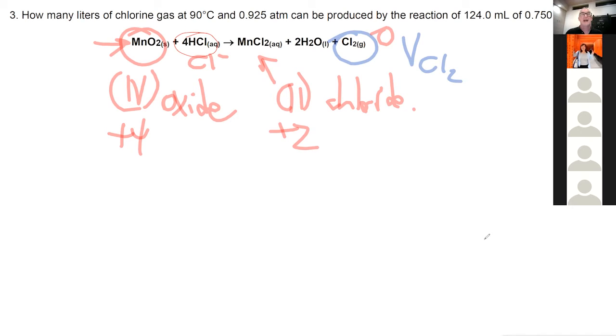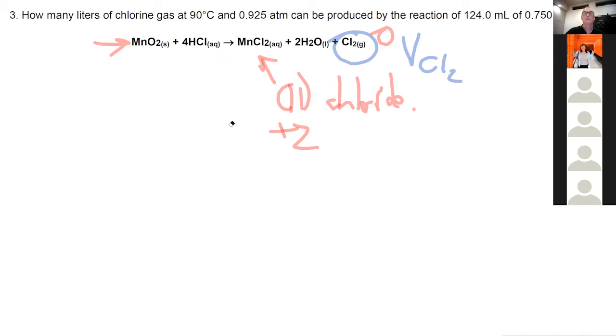So chloride ion gave its electrons to manganese. So the chloride ion got oxidized, and the manganese got reduced. So that is the reactant that we have, the HCl.